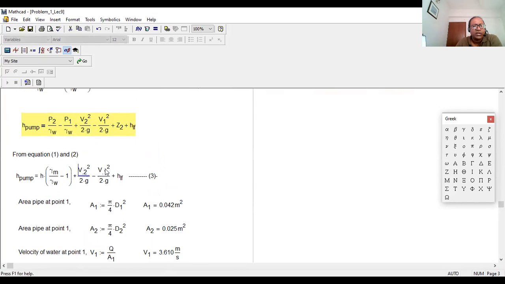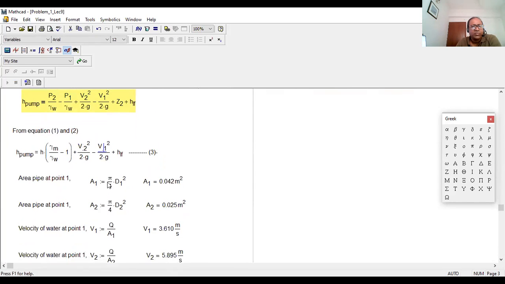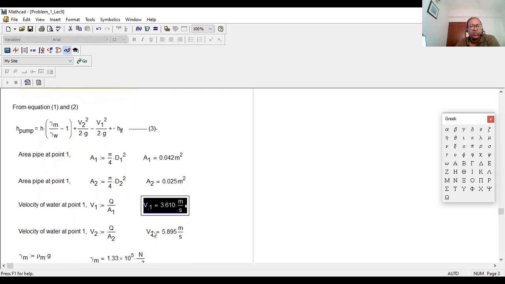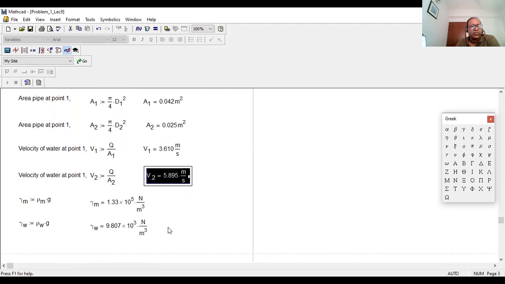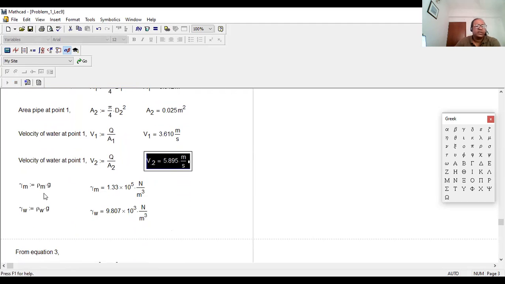Unknown is V2 and V1. So you figure out the area at point 1, this is pi by 4 D1 square. Area at point 2, then you figure out V1. V1 equal to Q by A1. So this is V1. V2 equal to Q by A2. This is V2.